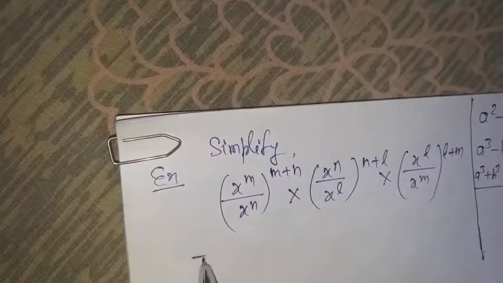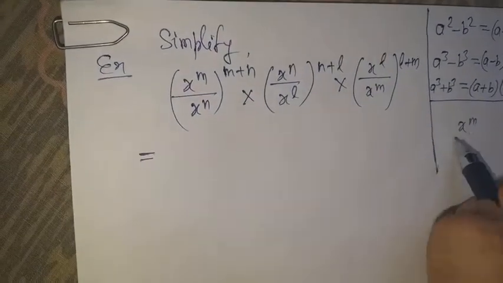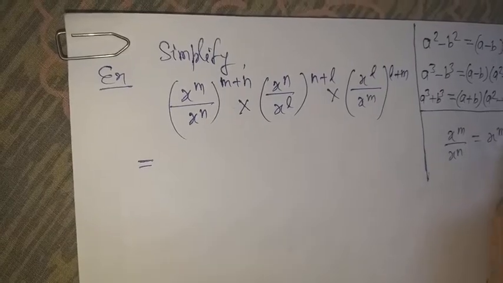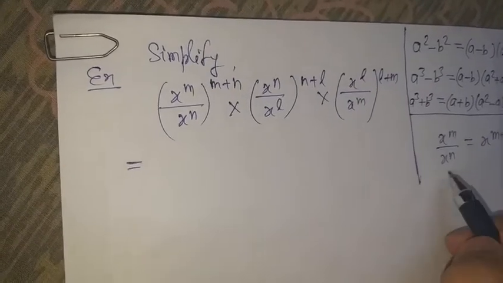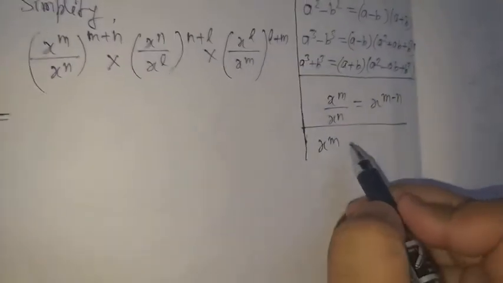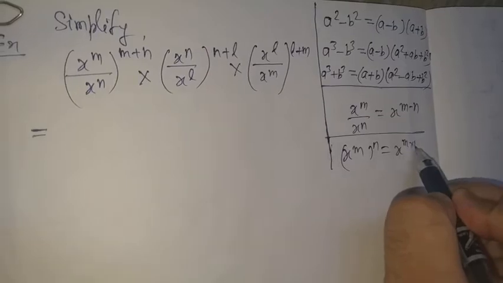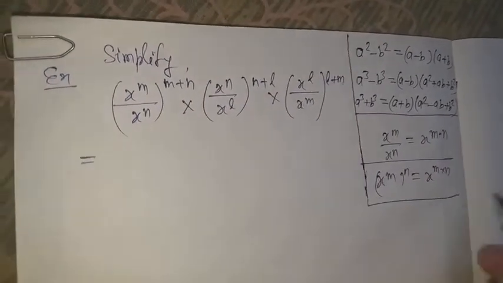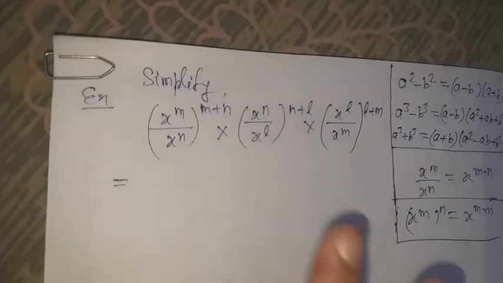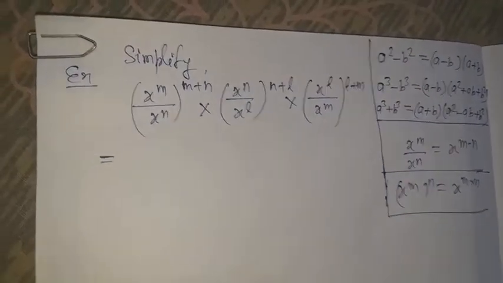So what you will do: we have learned that x to the power m upon x to the power n is equal to x to the power m minus n, and also that (x to the power m) whole to the power n is x to the power m into n. Without these identities you can't solve this type of question, so you have to learn all those identities.